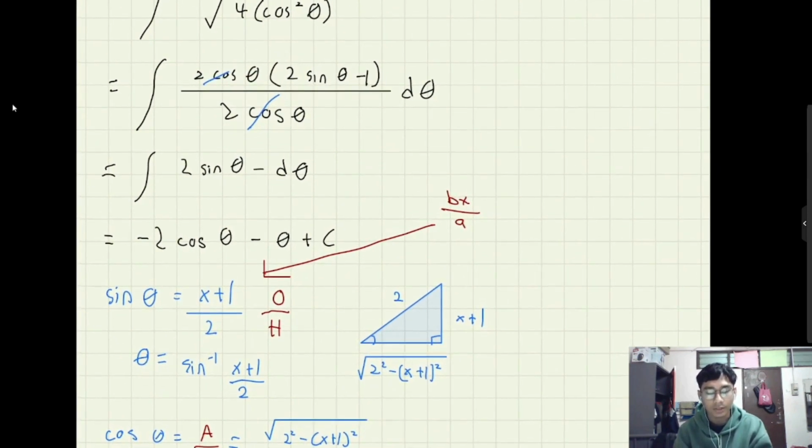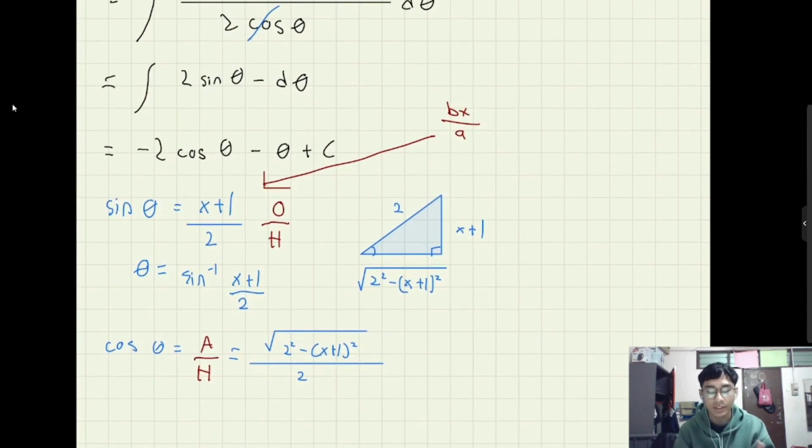After that, the only thing left is 2 sin theta minus d theta, so we can just integrate it. We know that the integral of sin theta is minus cos theta. Multiply by 2, we get negative 2 cos theta. Then the integral of negative d theta is minus theta. Since there is no limit given, we put plus c.